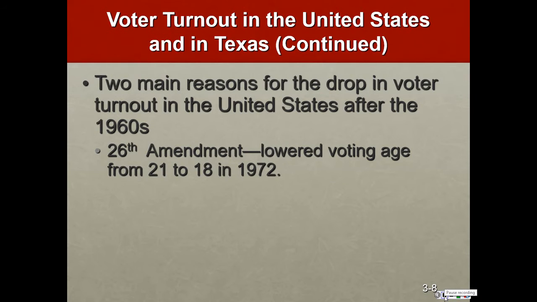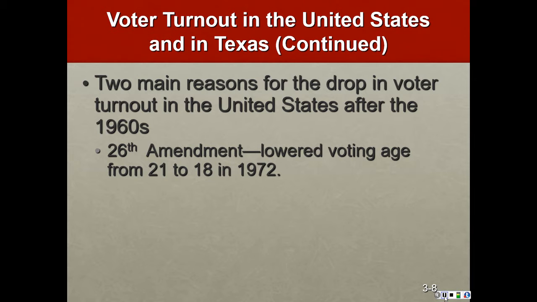Why would this reduce the number of voters? Why would this lower the voting percent? If you recall the beginning of the last lecture, we were looking at demographics. And we stated that one of the demographics we need to consider for voting was age, and that people who are older tend to participate more than younger people.